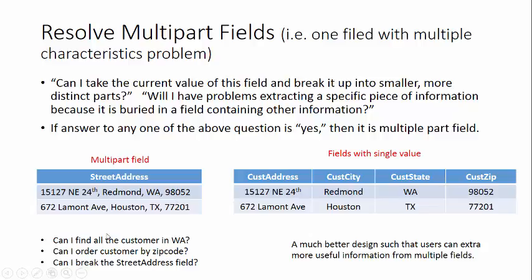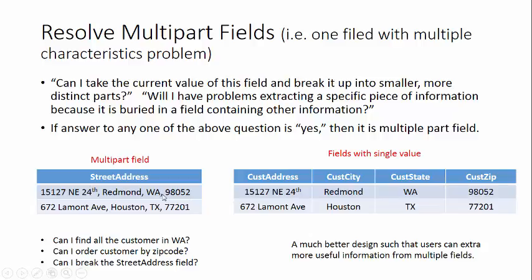And when you ask the question, can I find all the customers in Washington, for example? Based on this field, no, you cannot. Because Washington is part of the overall street address, and this specific piece of information is buried in that field.